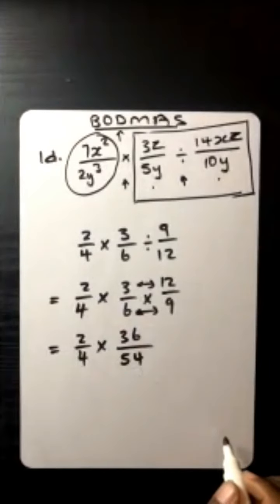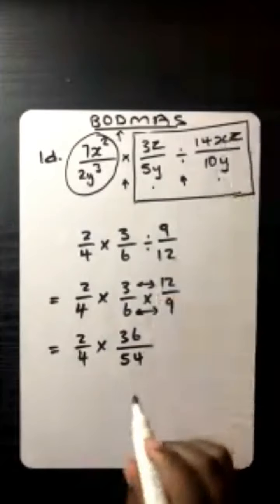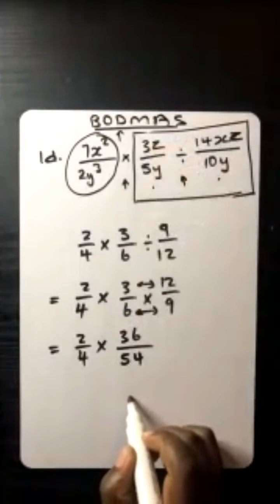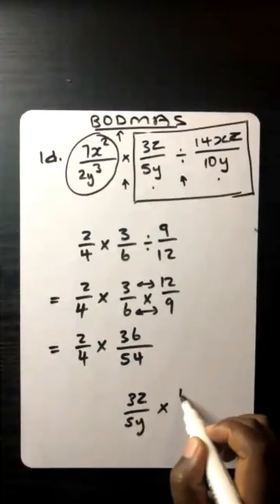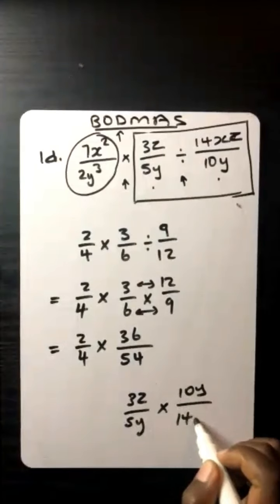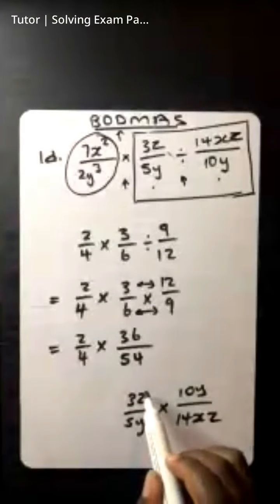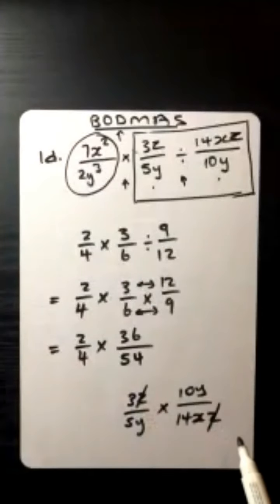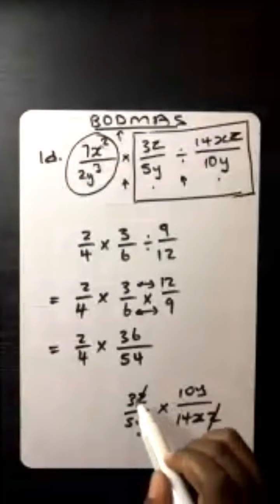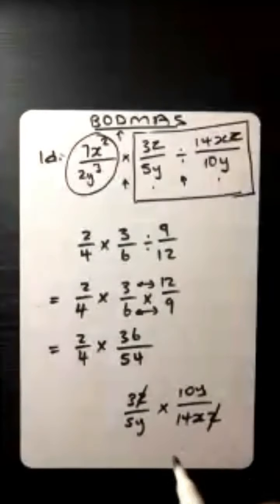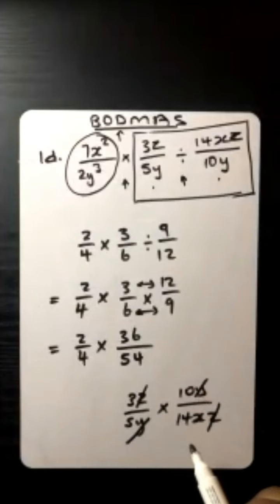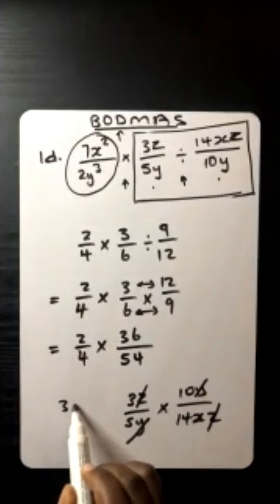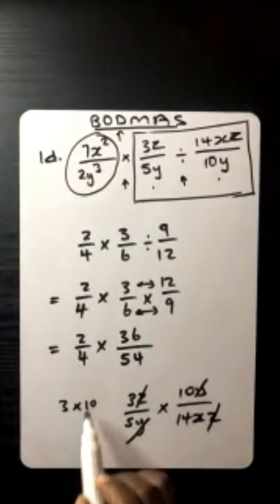I think it's 36 divided by, what is 6 times 9? 6 times 9 is equal to 54. So can you see, which means even here, because it's 3z over 5y, you'll multiply by 10y over 14xz. But in this case, because you've got letters, you might find that this cancels that. Remember, these are the common factors to both numerator and denominator. And then that cancels that. Then you remain with 3 multiplied by 10, which is 30.